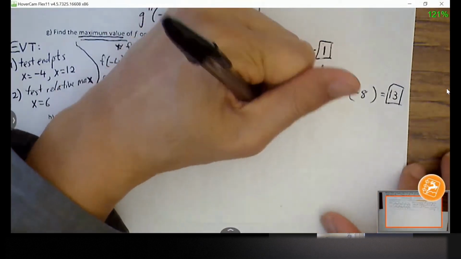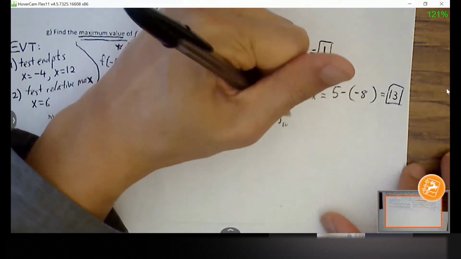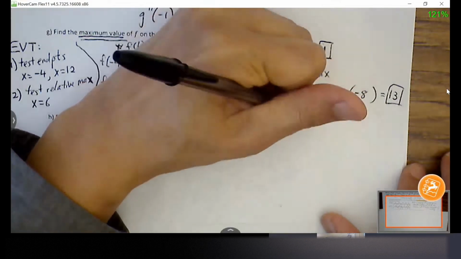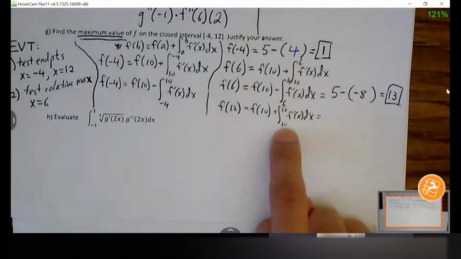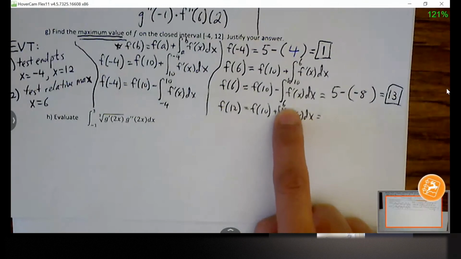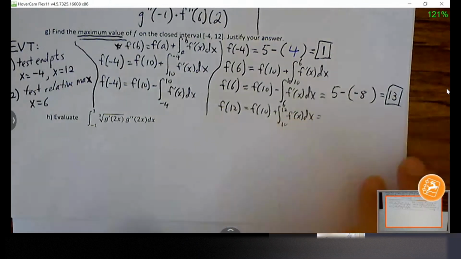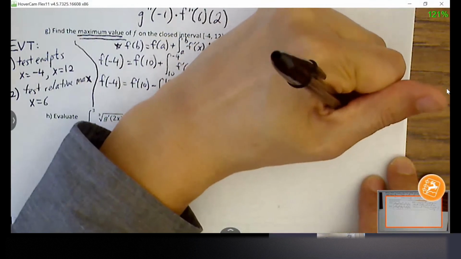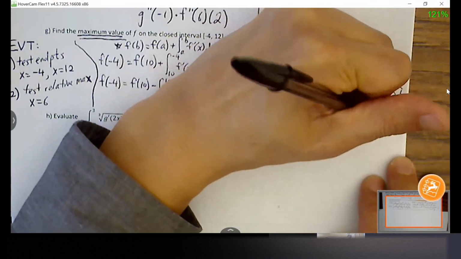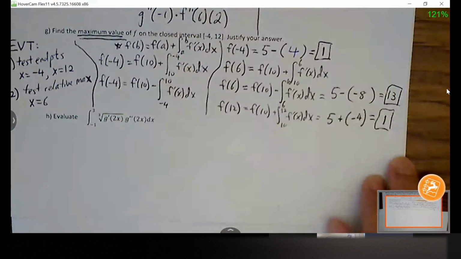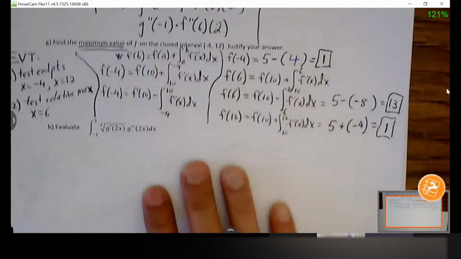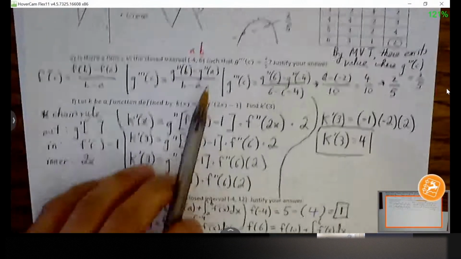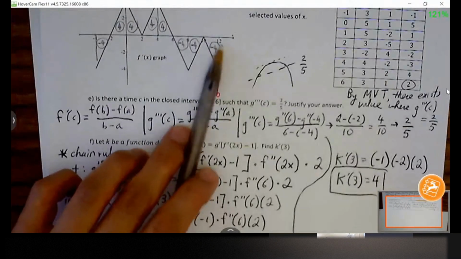Now I just need to progress from 10 to 12. And here, there's no adjustments, right? I'm already going from smaller to larger, so no need to flip this. From 10 to 12, I'm just looking at this region, which is -4.